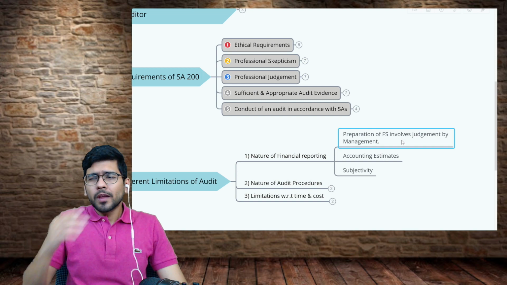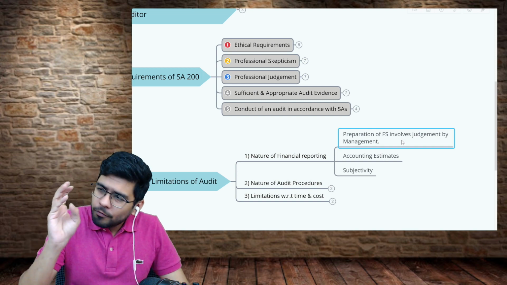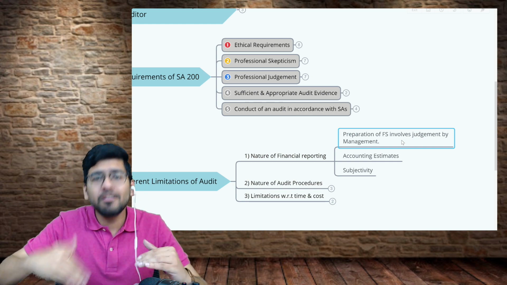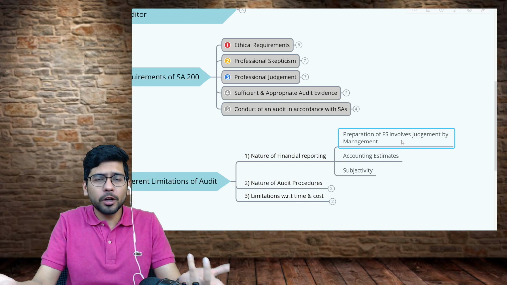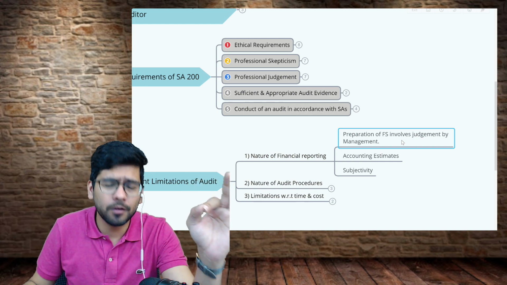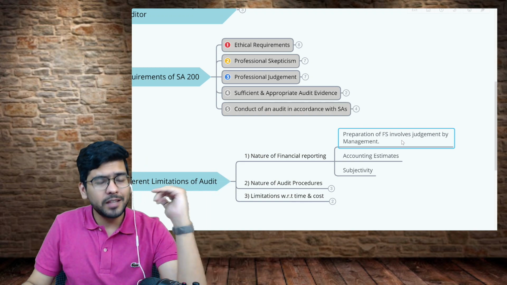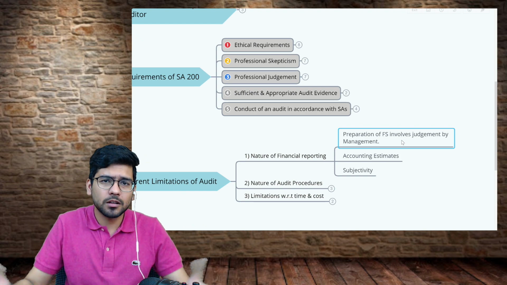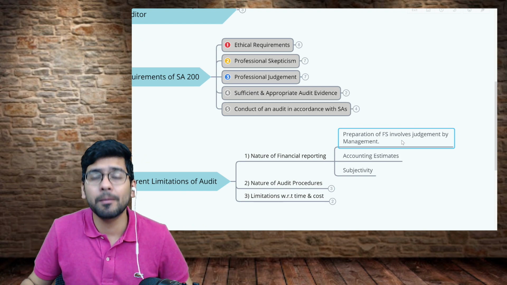Because of management's judgments, because of a lot of estimates, I can never give an absolute assurance. What could the management have done? They feel that this year there is a good amount of profit, and they might have to pay a high amount of taxes.